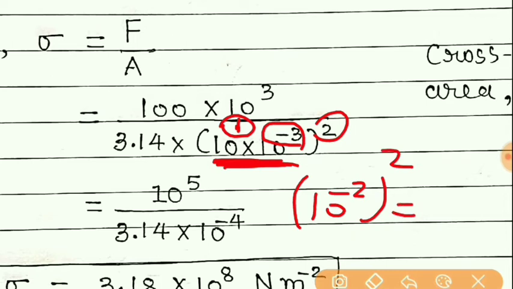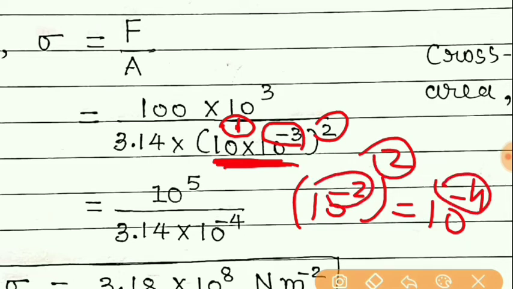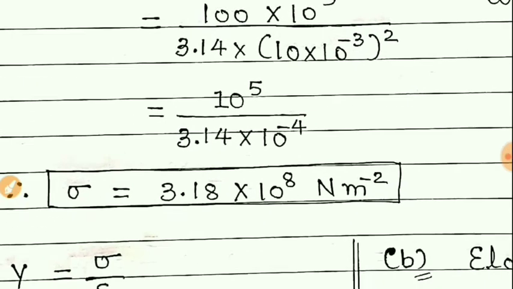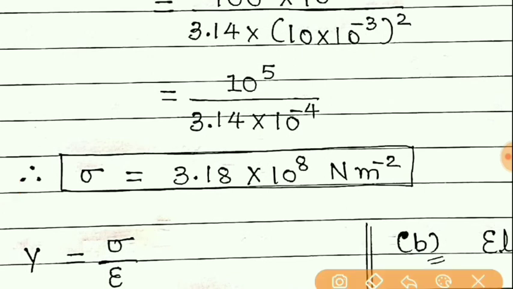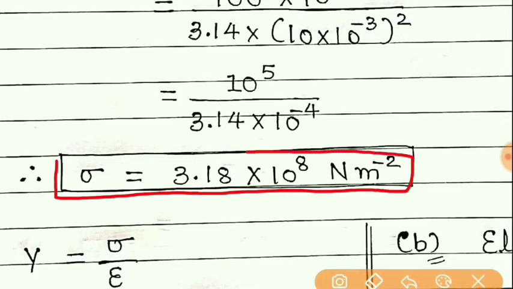So squaring this, we will get 10 raised to minus 4, because 2 into minus 2 is minus 4. And so is here. 3.14 is as it is. Finally, we can get sigma is equal to 3.18 into 10 raised to 8 Newton per meter square.